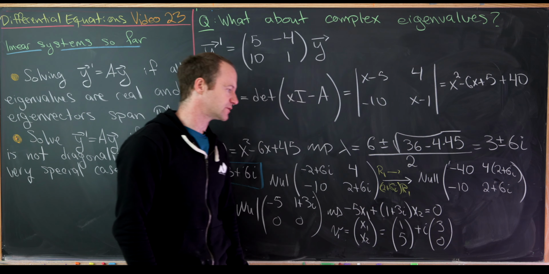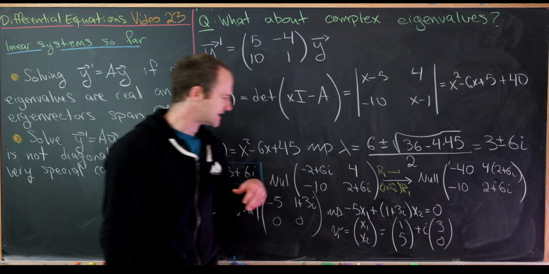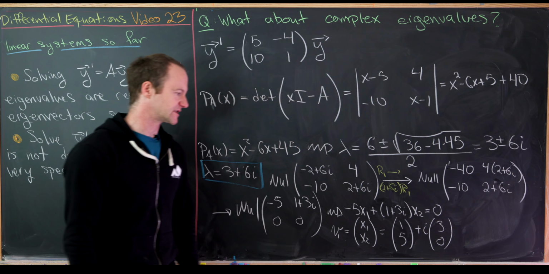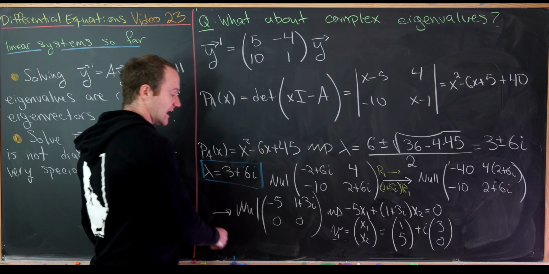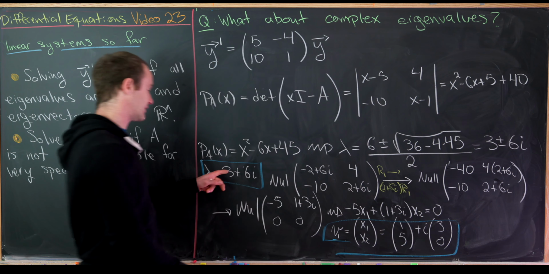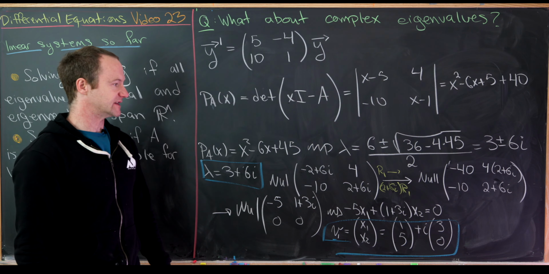Notice that we can take x1 or x2 to be free in this case. So here we're perhaps taking x2 to be equal to 5, and then that forces the value of x1 to be 1 plus 3i. So just to reiterate, the eigenvector associated to eigenvalue 3 plus 6i is equal to 1, 5 plus i, 3, 0.